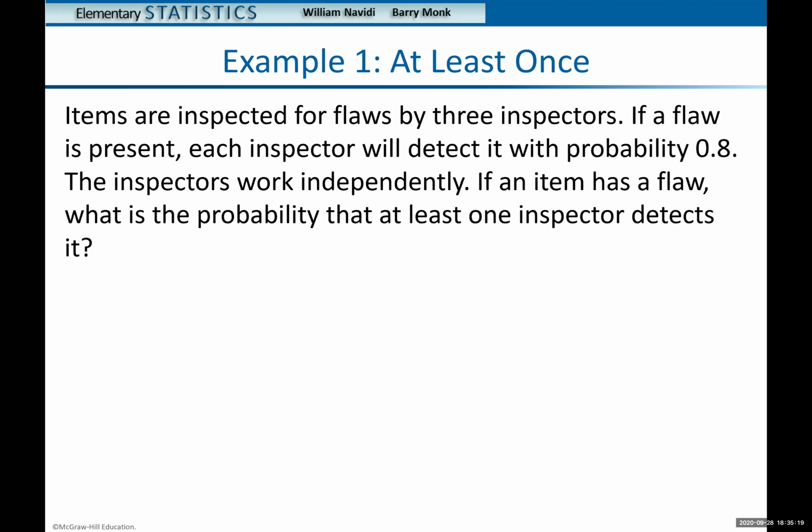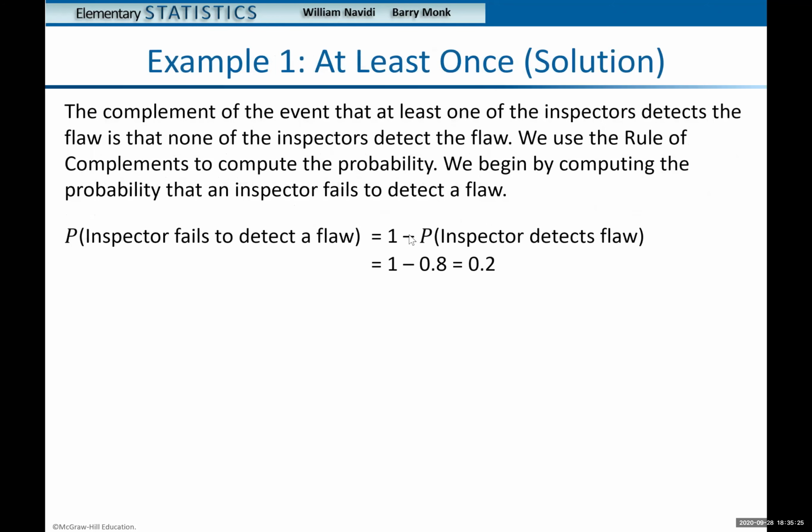So the first thing you're going to do whenever you see this type of problem, at least one, is first you get the complement. So probability inspector fails to detect a flaw. That is 1 minus that probability, remember the complement. So 1 minus 0.8 is equal to 0.2. You always subtract it from 1.